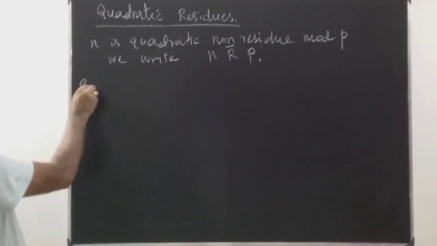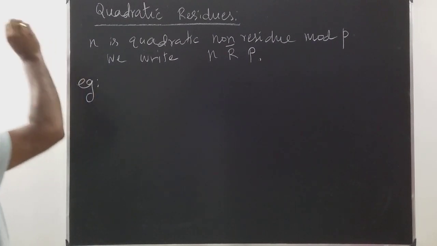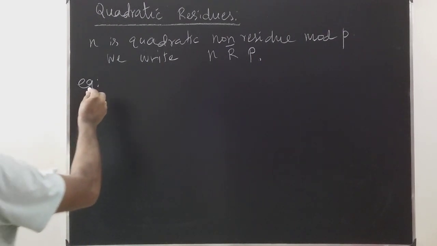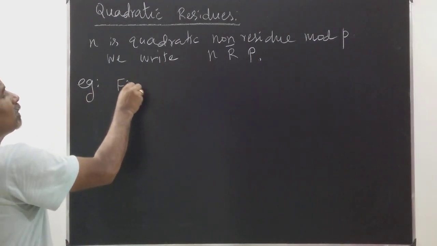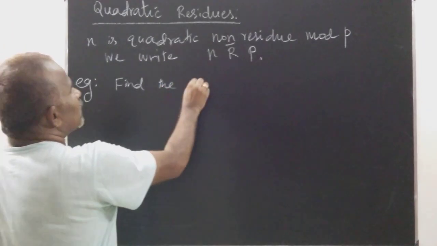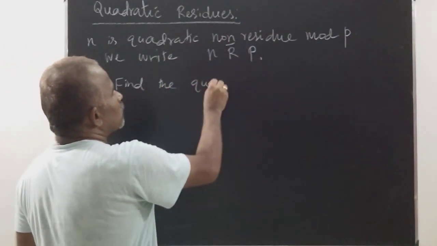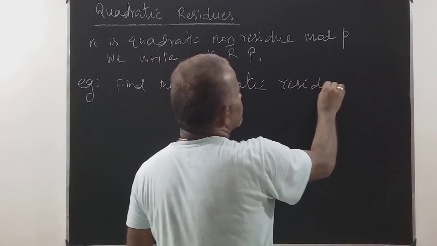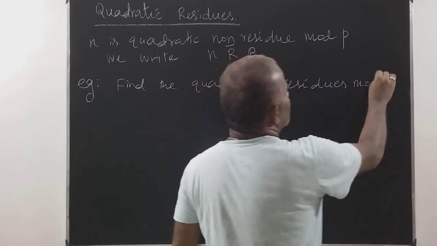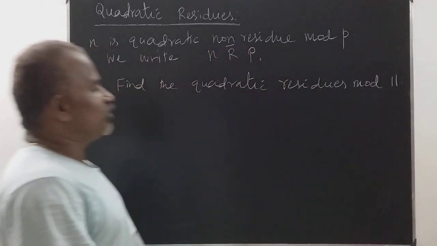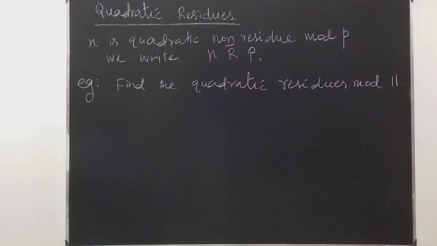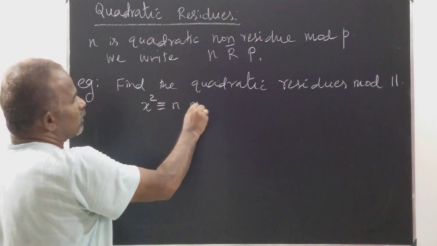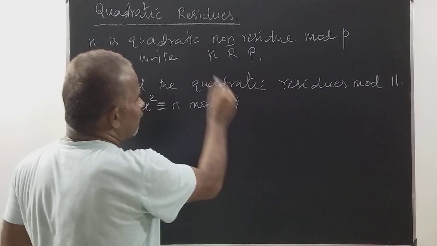Now I am going to give one example. Find the quadratic residues mod 11. So the congruence is x squared is congruent to n mod 11.